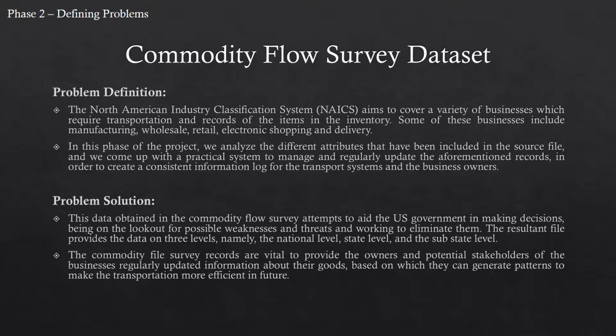The resultant file provides the data on three levels, that is, the national level, state level, and the third one is the sub-state level. So, the commodity flow survey records are vital to provide the owners and potential stakeholders of the businesses regularly updated information about their goods, based on which they can generate patterns to make the transportation more efficient in future.